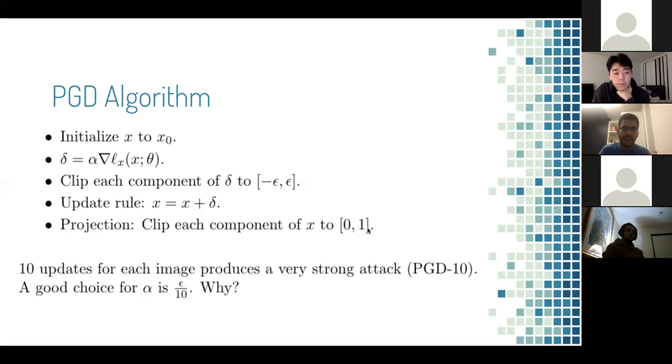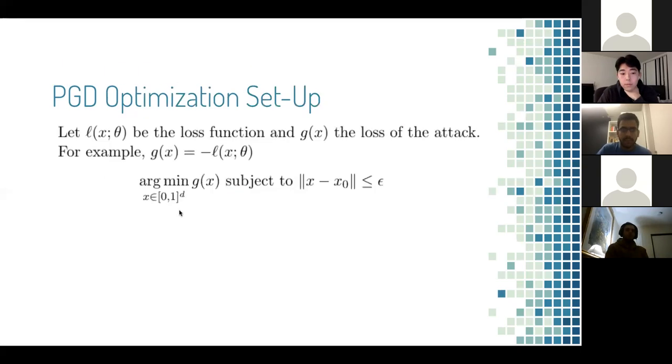So this 0 and 1 actually represents 0 to 255. So you make sure that even once you add the corruption delta, the resulting X is still a valid image, an image that you can see and visualize. And note that the reason that we clip delta to minus epsilon to epsilon is that we don't want the corrupted image to be more than epsilon away from the original image.